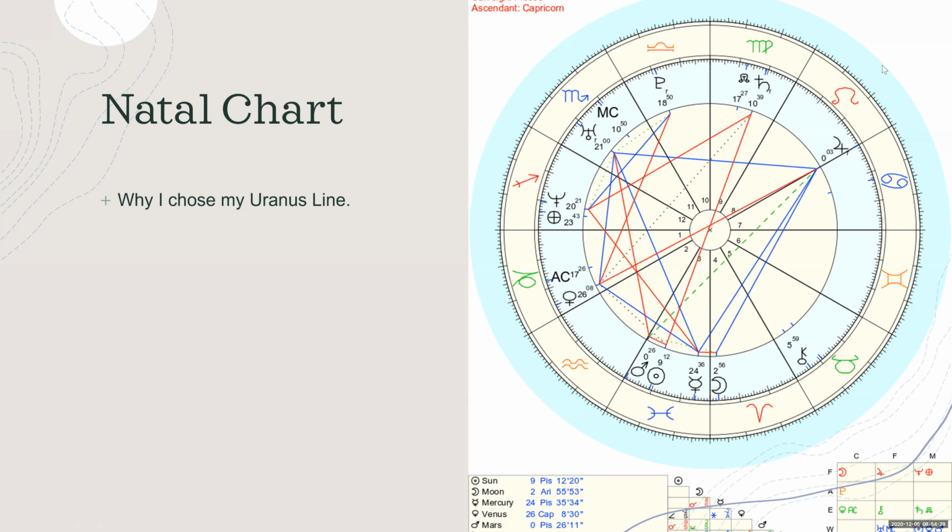And just to explain a little bit about why, first of all, I chose to live on my Uranus line, which has this nature of liberation, of freedom, of expansion. When I say expansion, I mean this ability to see outside of the box. So it's innovative, it's creative, it's dynamic, it breaks rules, it goes against the norm.